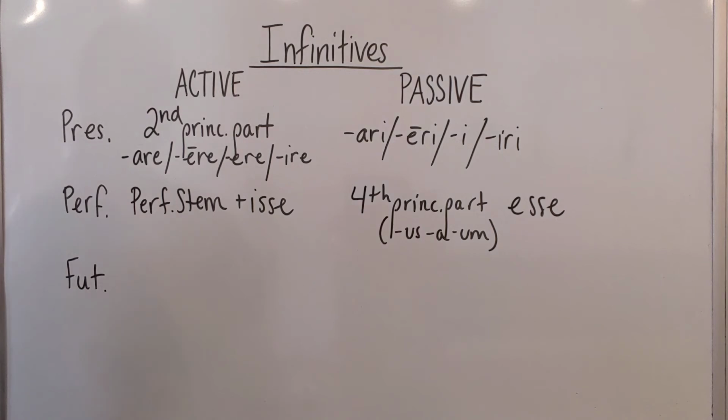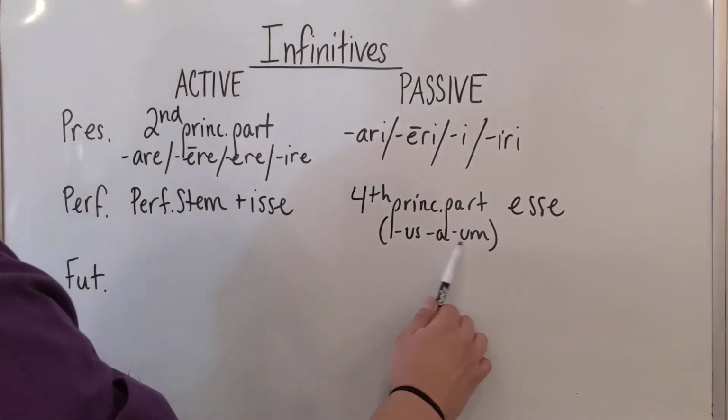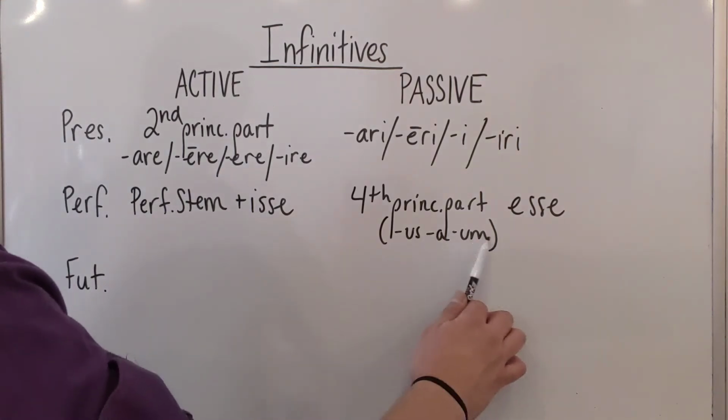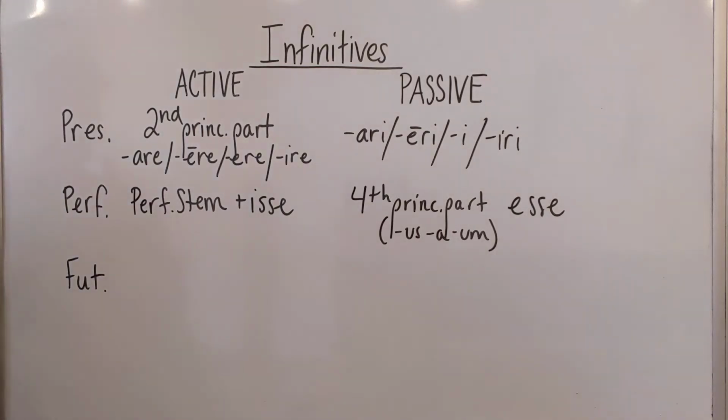So amatus esse, tentus esse, ductus esse, captus esse, auditus esse. It is very important that you remember that the fourth principal part will agree with the subject in gender, number, and in case.